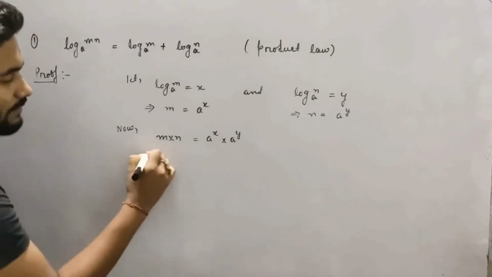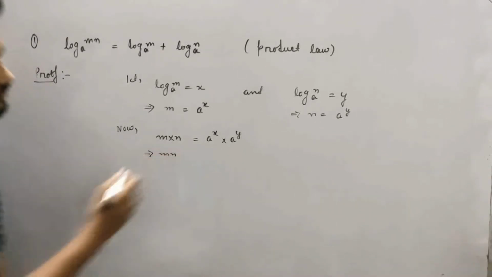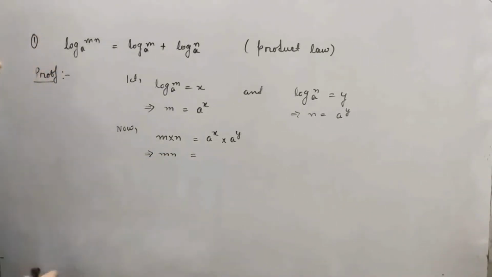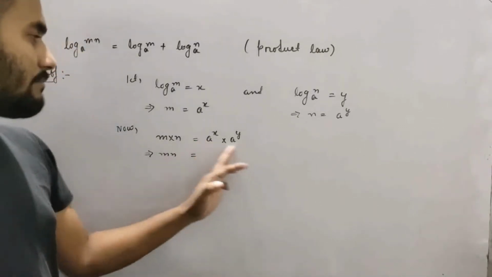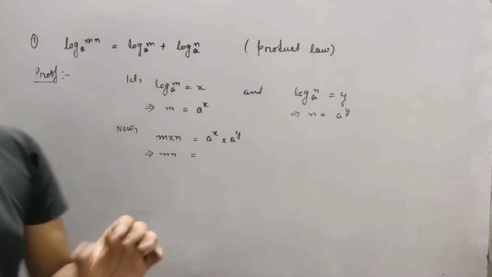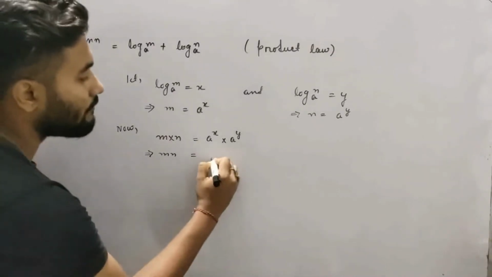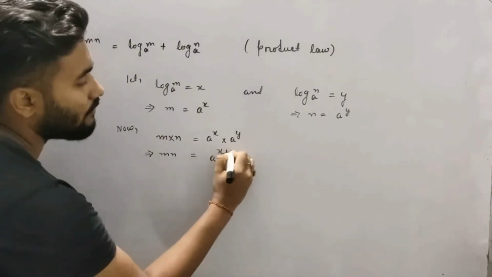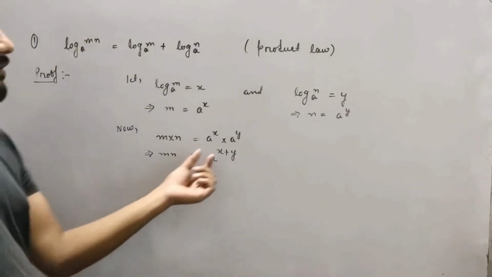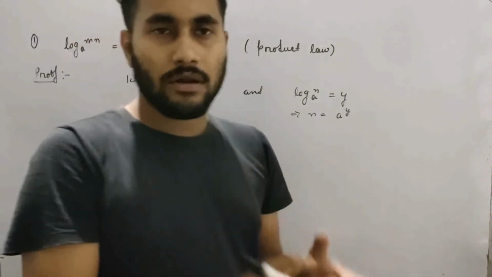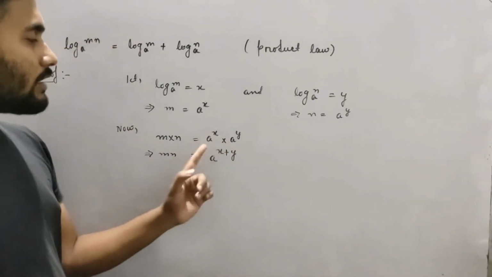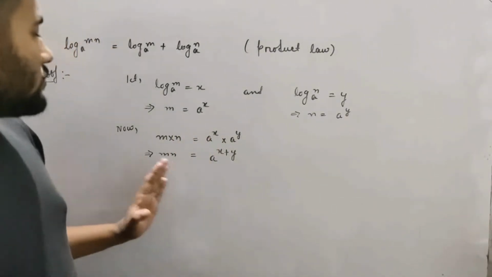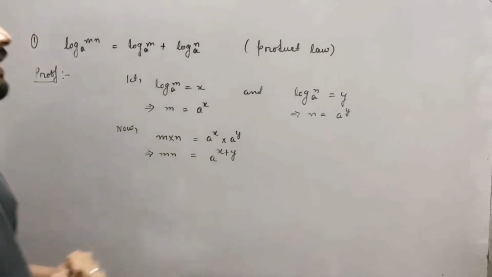From the index law, with the same base and a multiplication sign, the powers will add up, just like a to the power m into a to the power n is a to the power m plus n. So mn is equal to a to the power x plus y.